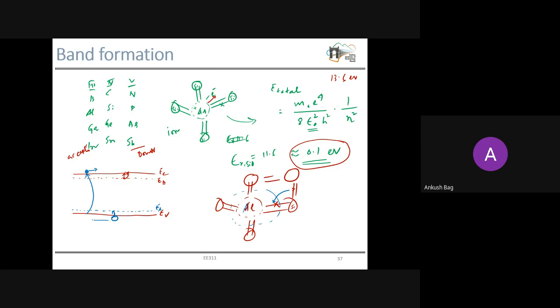That vacancy can move within the valence band, but this electron will not be able to move now. So this is the difference between N-type doping and P-type doping.